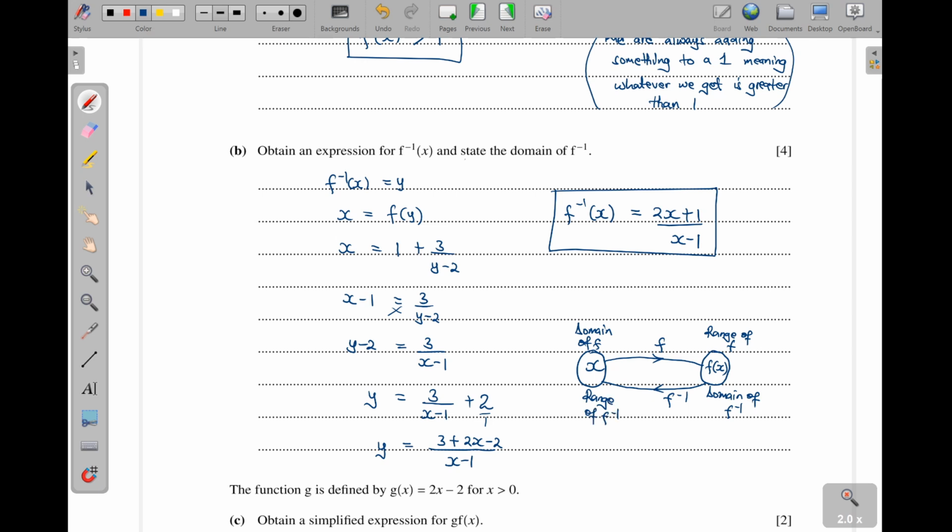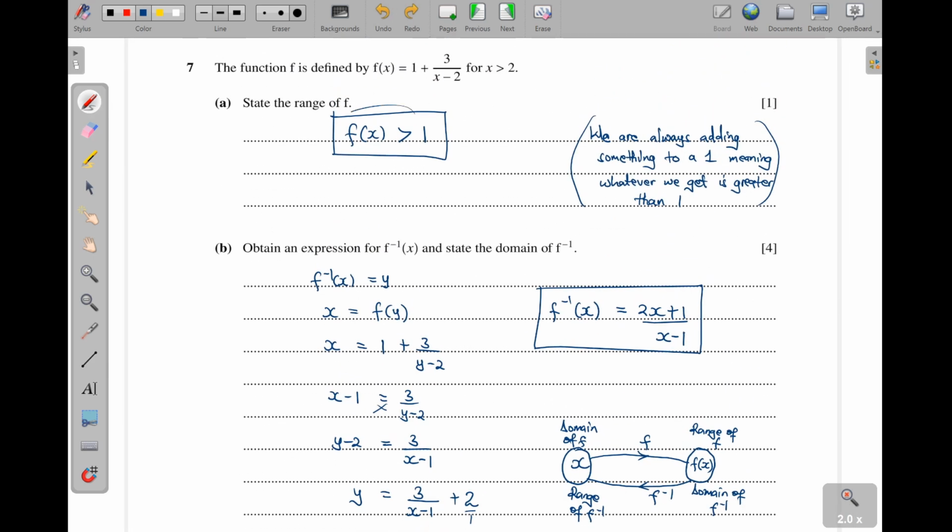So here they want us to state the domain of the inverse. The domain of the inverse is actually the range of f. But we write the range in terms of the function. We write the domain in terms of the variable, the independent variable. Now, the range of f, we have already found it here. But we are not going to write this as the range.